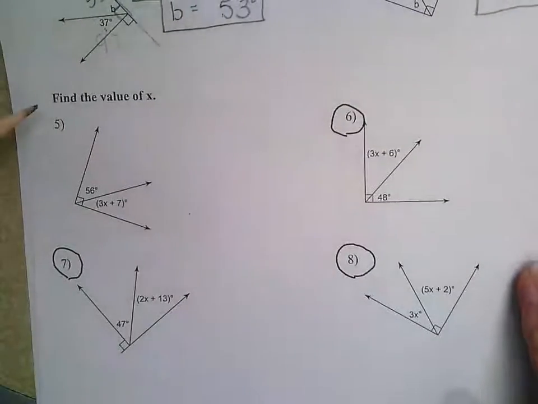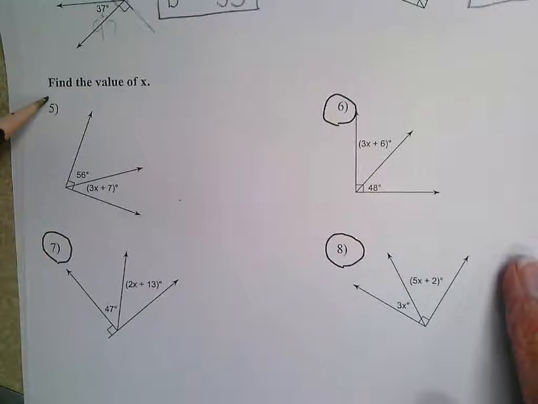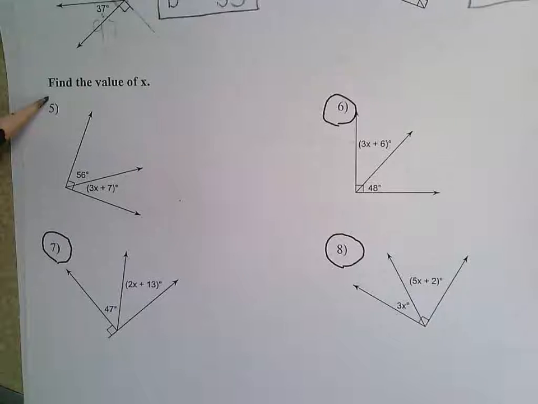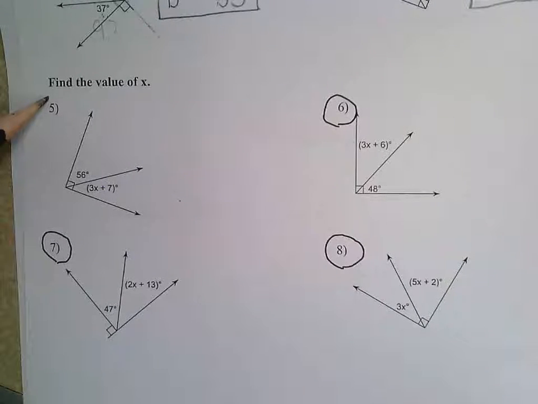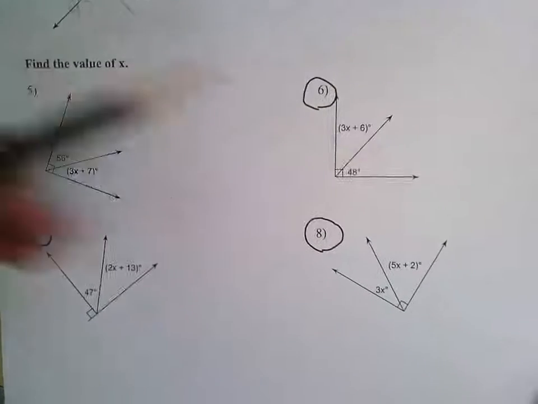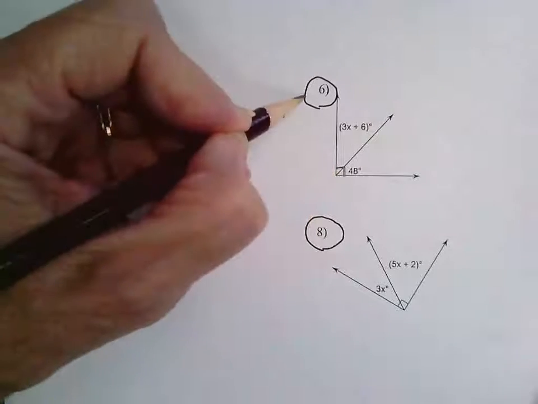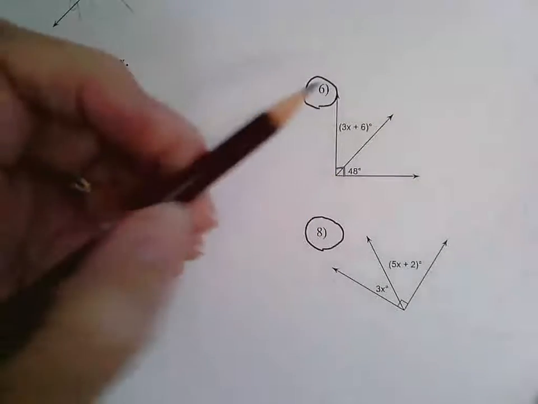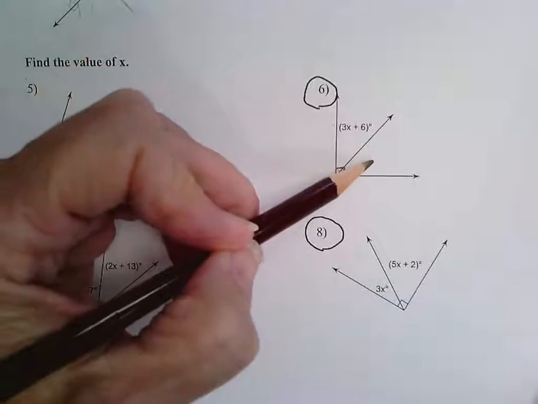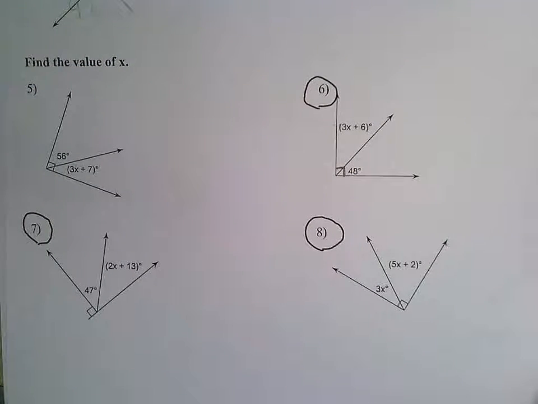Now, the problems down in the next set are a little more complicated, so we'll work through those just like we have the others. We can see that we have a 90-degree angle right here on number 6, so we know that when we add these two quantities together, we will get a value of 90.